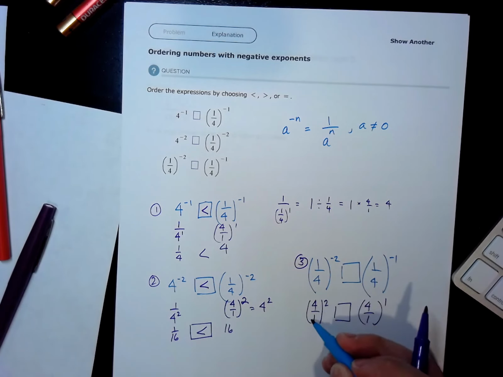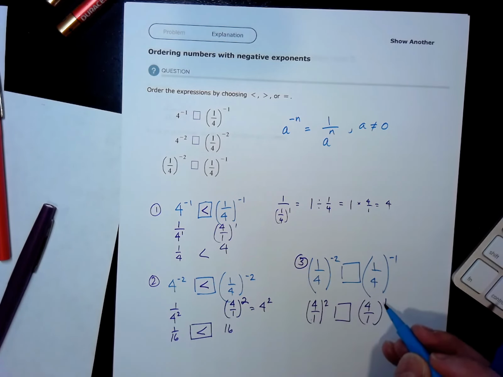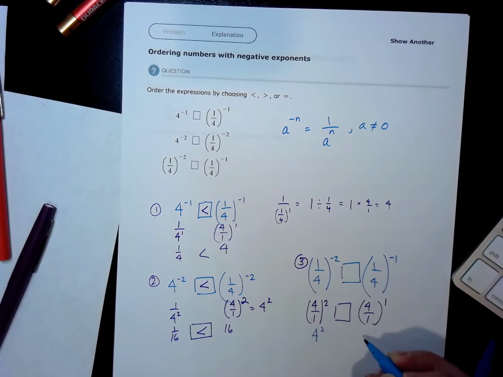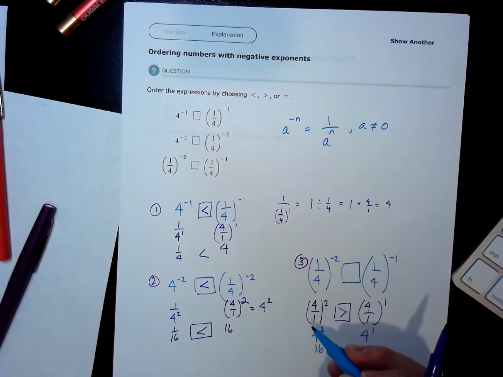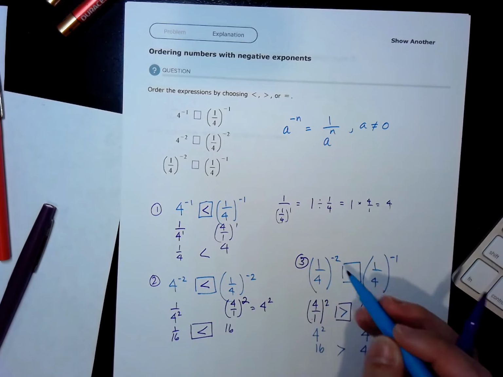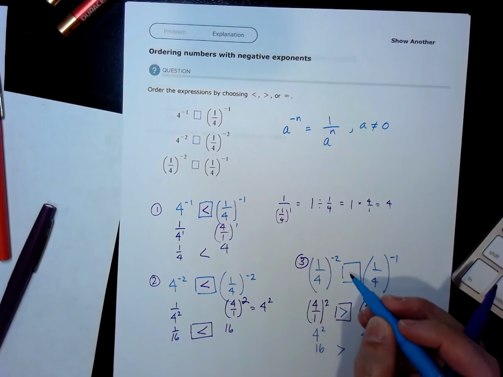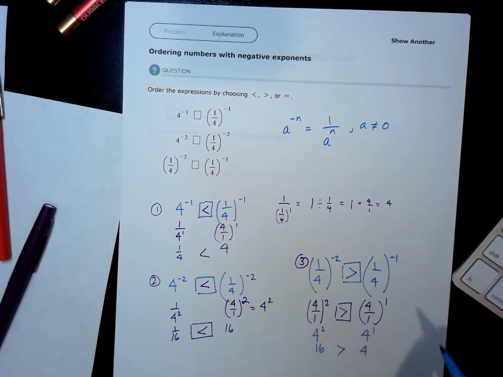So I get 4 over 1 squared and 4 over 1 to the first, which means 4 squared and 4 to the first, and 4 squared is 4 times 4, which is 16, and 4 to the first is just 4, and 16 is bigger than 4. So I would say that 1/4 to the negative 2 is bigger than 1/4 to the negative 1.